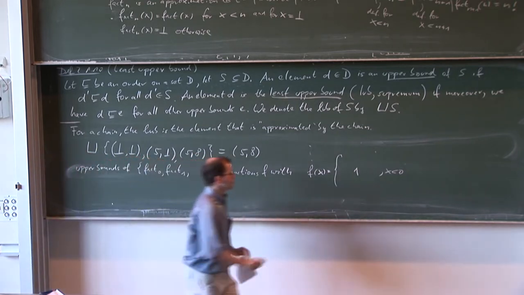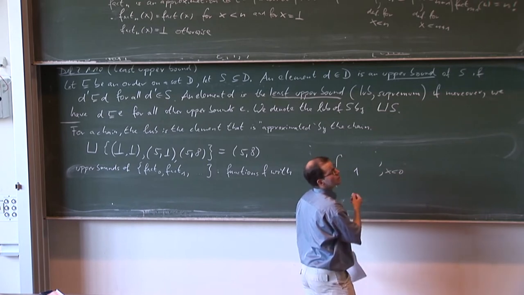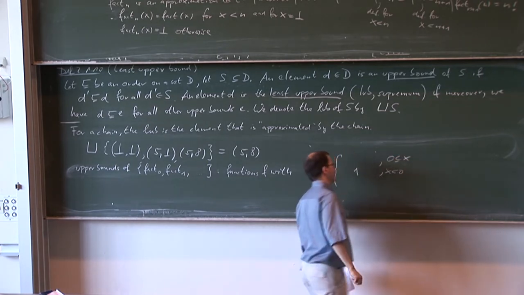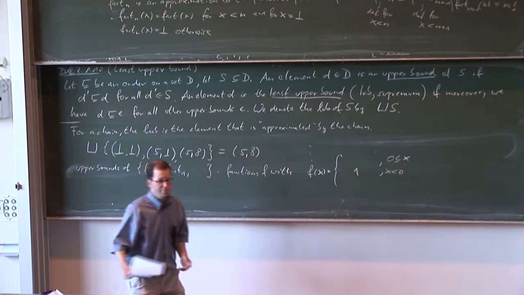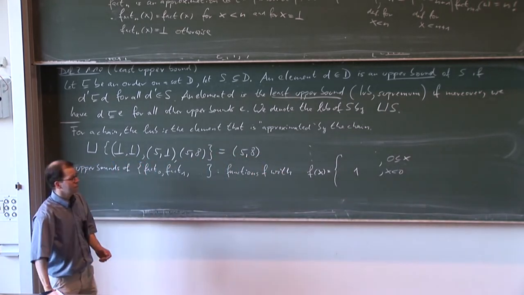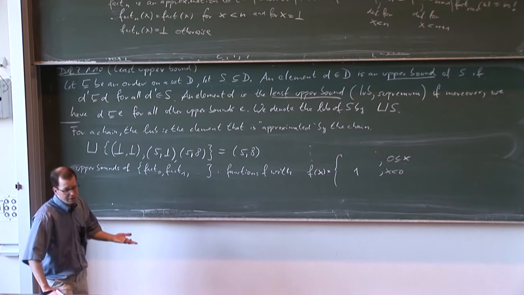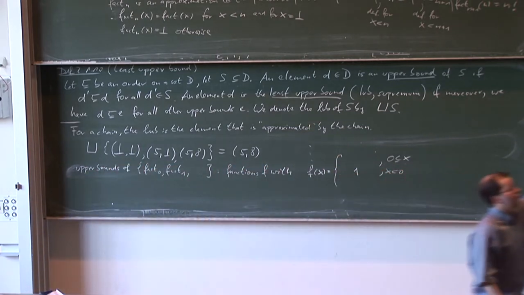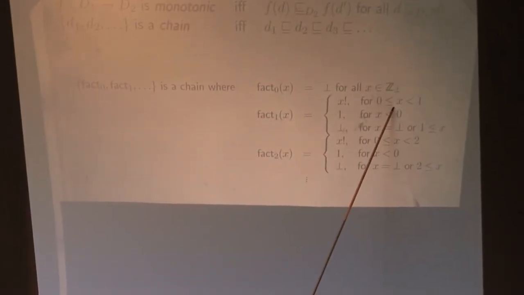Now, what happens for positive numbers? What happens if x is positive? Now, here the functions are different. Fact 0 is undefined for positive numbers. Fact 1 is defined for 0, but undefined for bigger numbers.